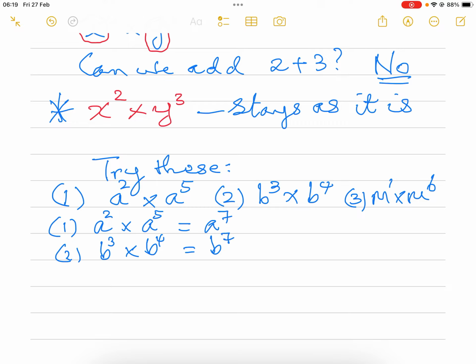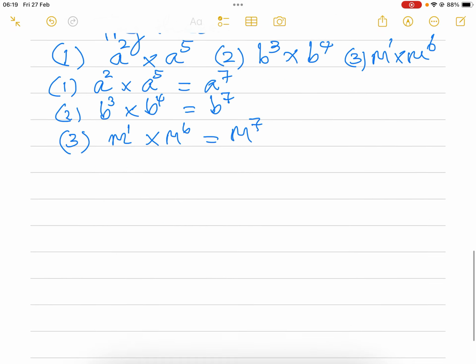And the second one, b raised to power 3 multiply b raised to power 4 will give b raised to power 7. And the third one, m raised to power 1 multiply m raised to power 6 will give m raised to power 7.